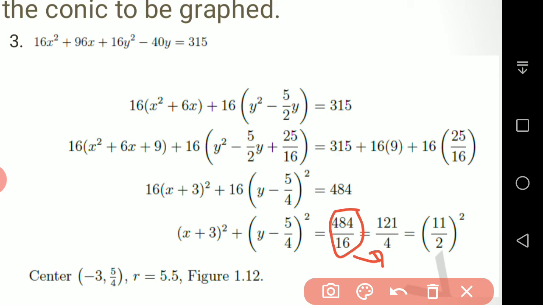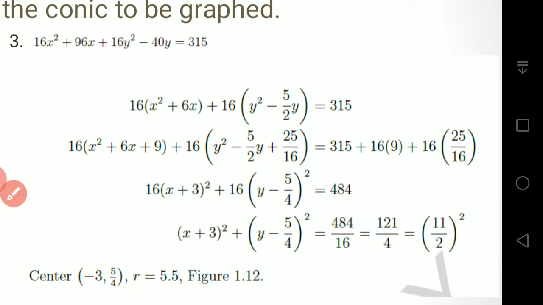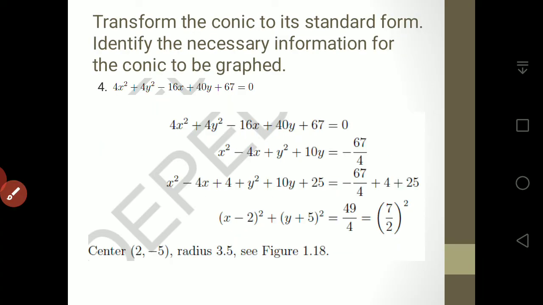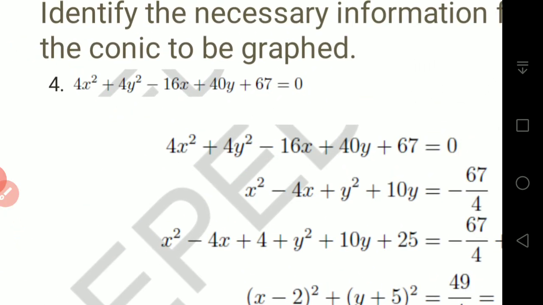Extracting the square, we have 11 over 2 squared. Let's do this one more time.